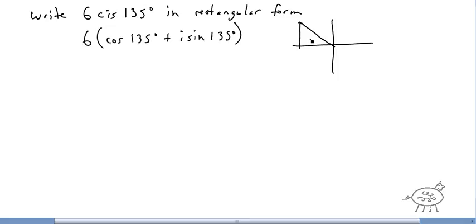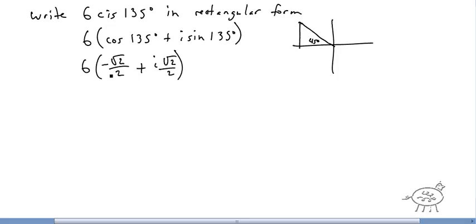But I'm going to get a reference angle, 45 degrees, and I want to find the cosine of 135, which you all know is root 2 over 2. Since it's over here, with all students take calculus, it's negative root 2 over 2. And plus i, and then sine of 135, if sine of 45 is also root 2 over 2, sine's positive here, so it's positive root 2 over 2.